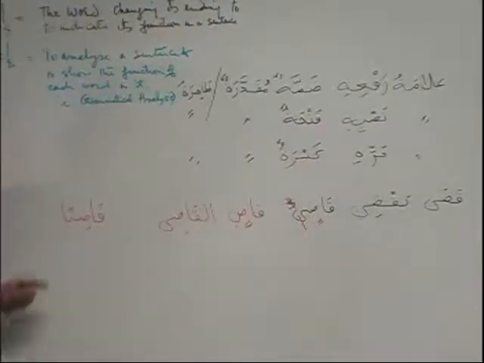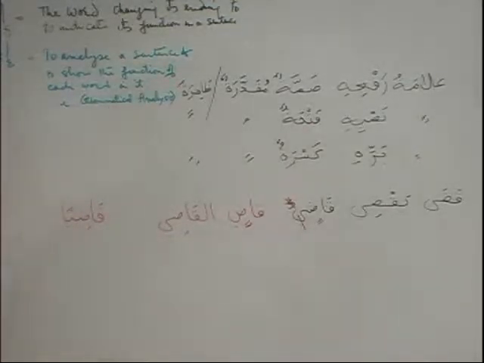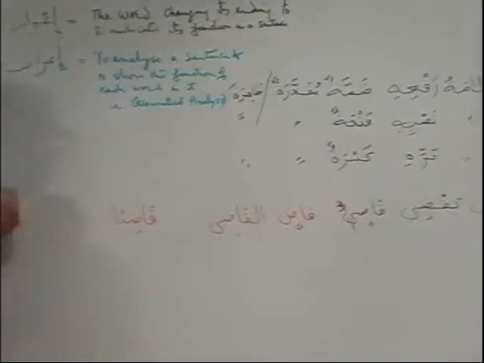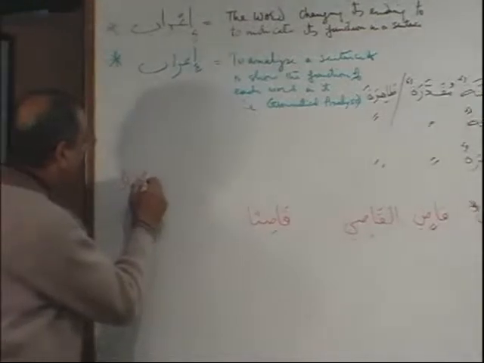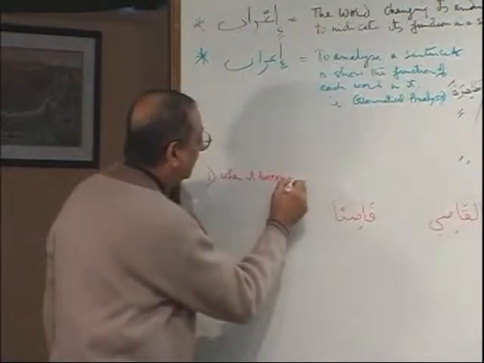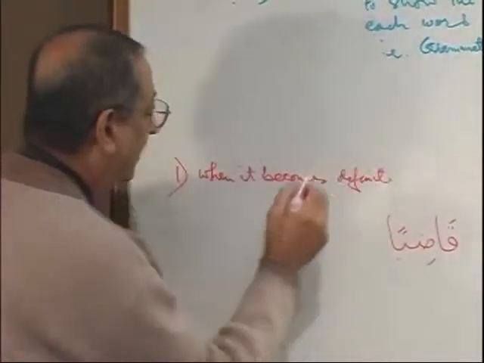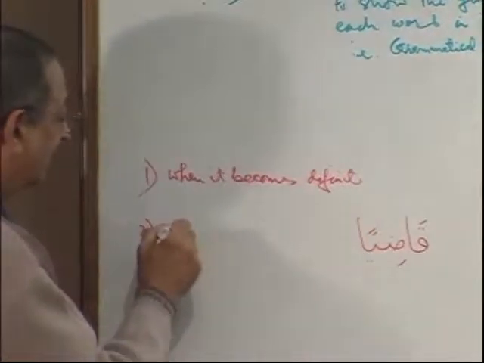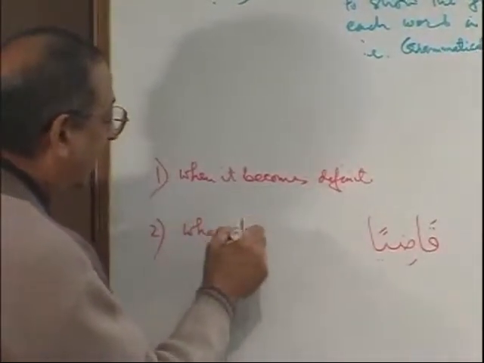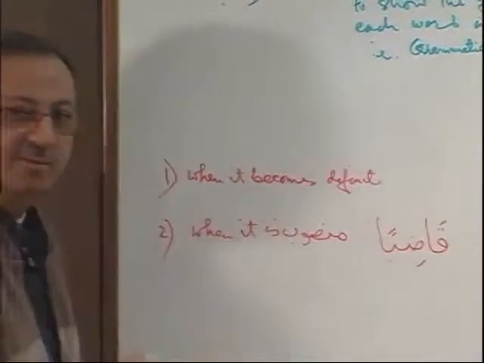When will the ya become visible in mankus? Number one, when it becomes definite. Are you with me with that? Number two, when it is mansoob. Are you with me, brothers and sisters?